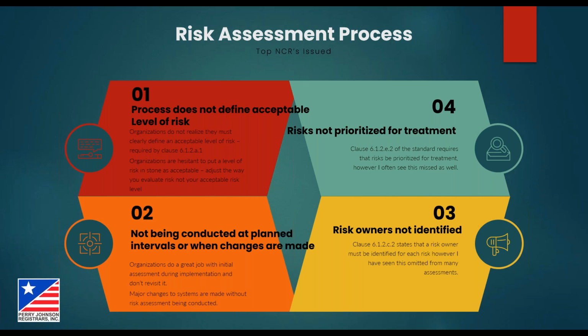What I've seen and heard from clients who haven't done this is they were hesitant to set that in stone because on a case-by-case basis, depending on how difficult or expensive it would be to treat a risk, they didn't want to put themselves in a position where they had to if they felt they couldn't. But what I advise to anyone going through this process is you do want to have a firm, set in stone, acceptable level of risk.